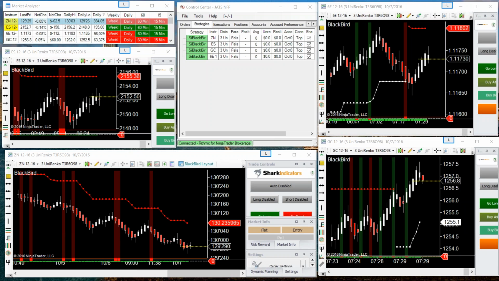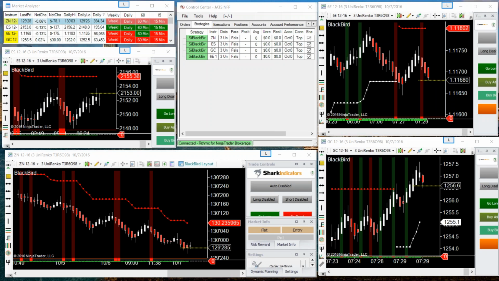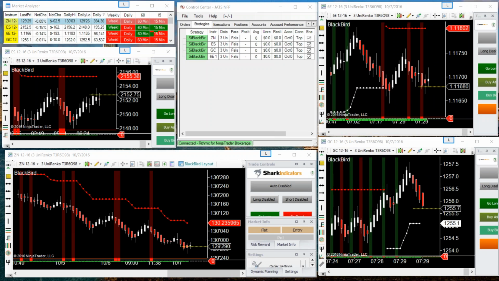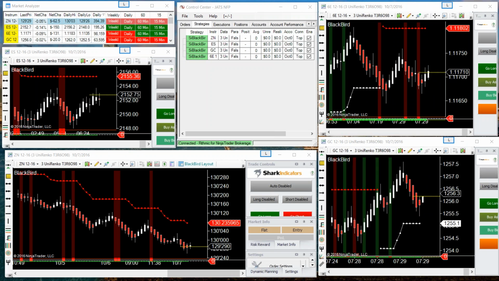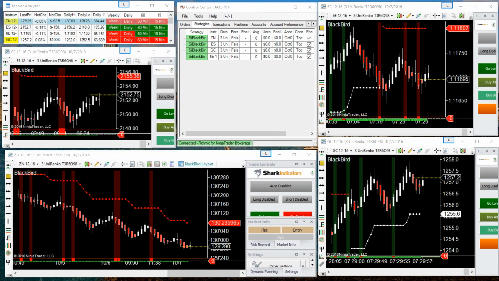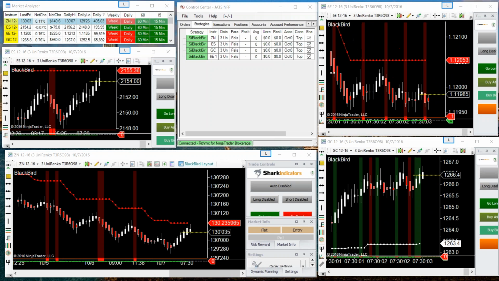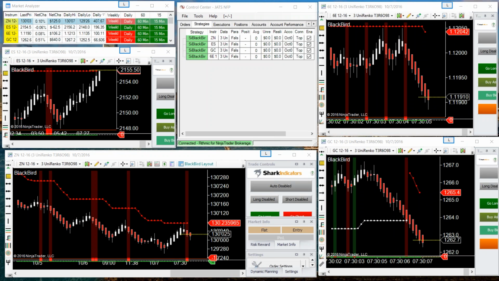The market's expecting 175,000, and that's about a 2.6% increase. Numbers haven't been posted yet.